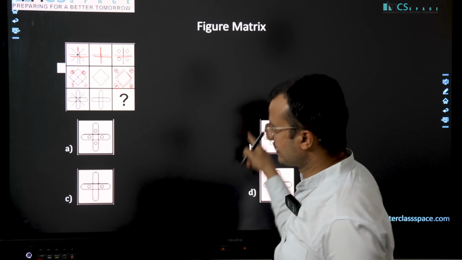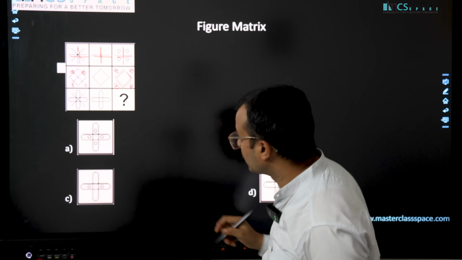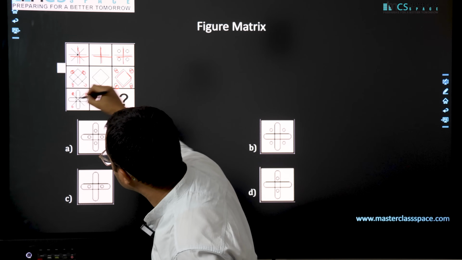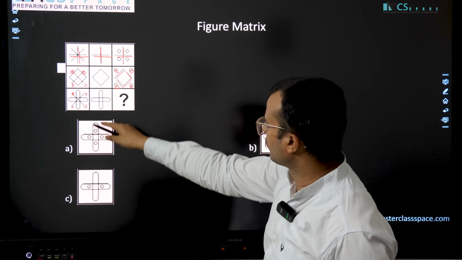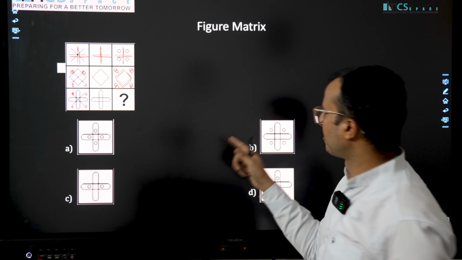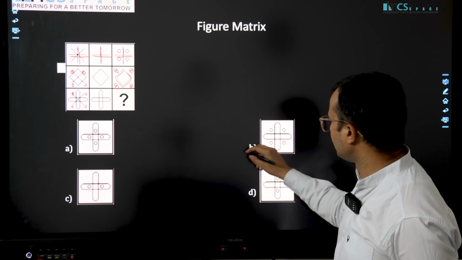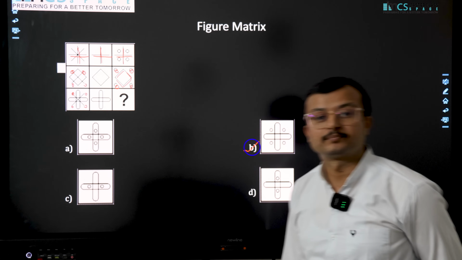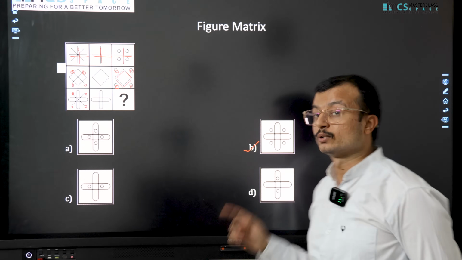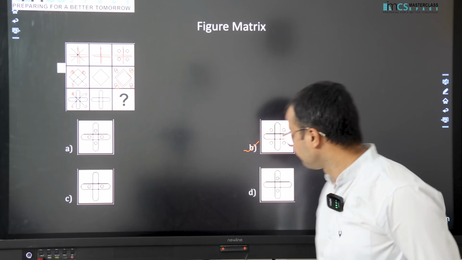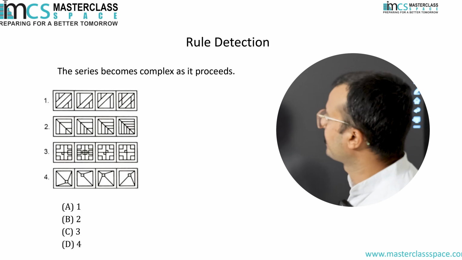This plus kind of sign, it is common in both, and these would be the corner points of this thing. So you have to see which out of the 4 options places 4 circles at the corner. So you can clearly see option B is the correct option. So that's how you do question of figure matrix. Let's move to the next topic.